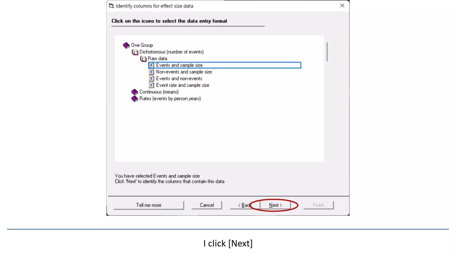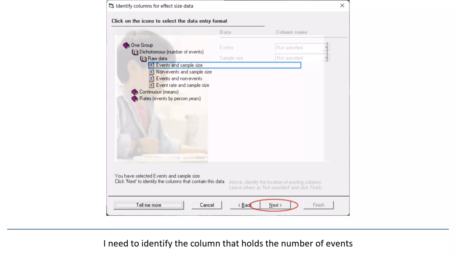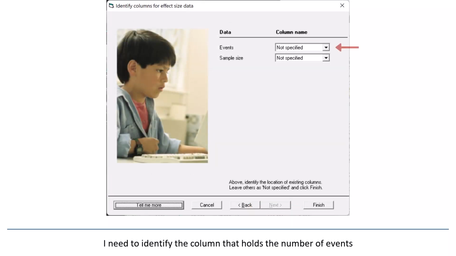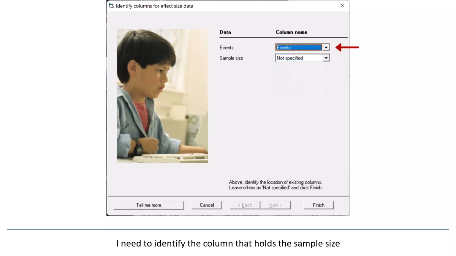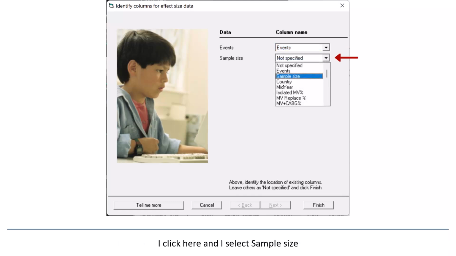I click Next. I need to identify the column that holds the number of events. I click here and I select Events. That's the label that had been used in Excel and then moved into CMA. I need to identify the column that holds the sample size. I click here and I select Sample Size. And finally, I click Finish.